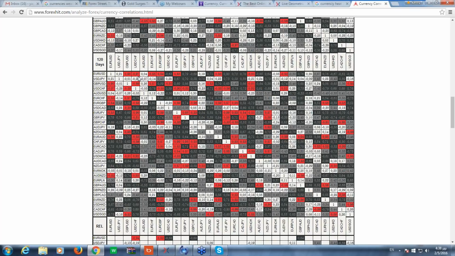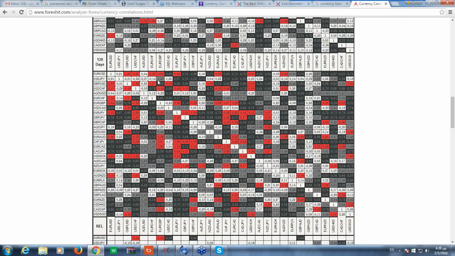So Euro USD correlates with USD CHF, but negatively, meaning that they go in the opposite direction by 97% or more. If not exactly 97%, it could be anywhere in the region of 94% to about 96.5%. Okay, so if there's a negative symbol there, it just means that the pair on the left negatively correlates. It goes in the opposite direction.